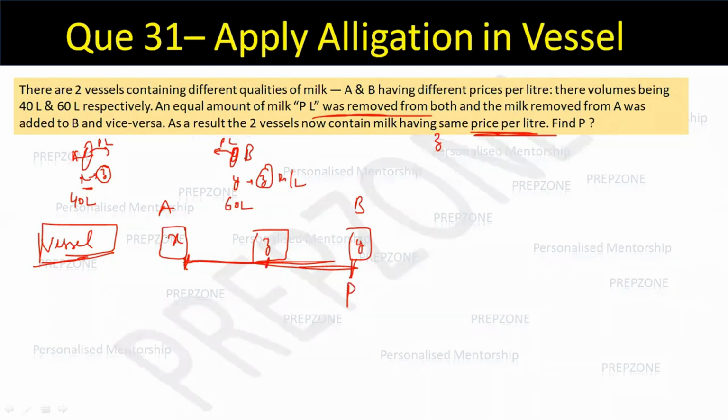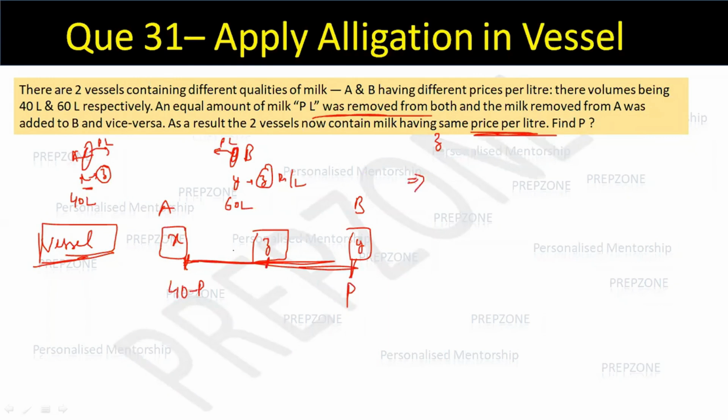Also, when you have taken out P units from A, how much was left? 40 minus P was left. So you're trying to add this P liters of volume from B to the vessel A, which currently has 40 minus P units. Now can I apply my distance formula?